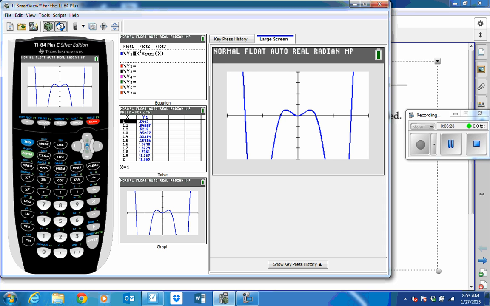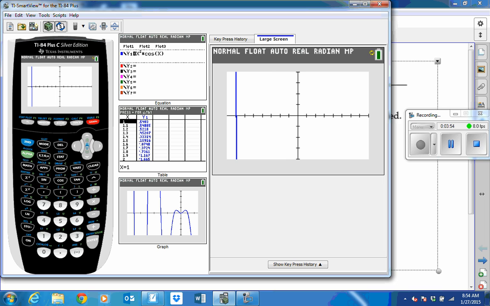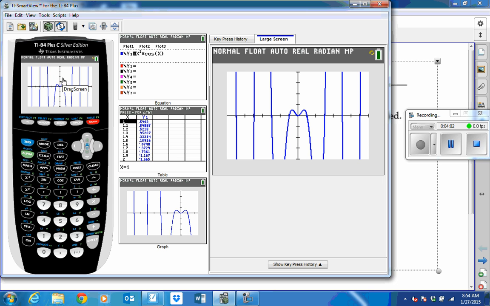So let's go ahead and change our window so we can see more, and let's put in negative 4 pi and 4 pi. And that should show more of the function. And so what we're seeing is that this figure right here in the middle isn't repeating, so this is not a periodic function. Therefore, it's definitely not a sinusoidal function either.